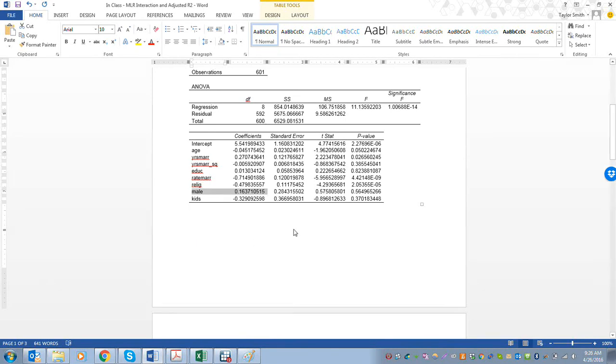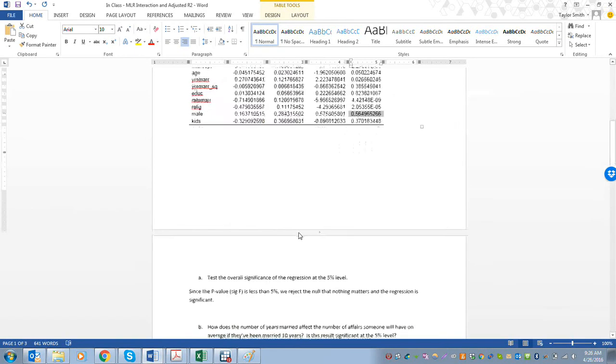Okay, but if we come over here to the p-value, again, remember it said test this at the 10% level. Test means we need to look at the p-value. The p-value is like 0.56. That's much bigger than 10%. That's like 56%.